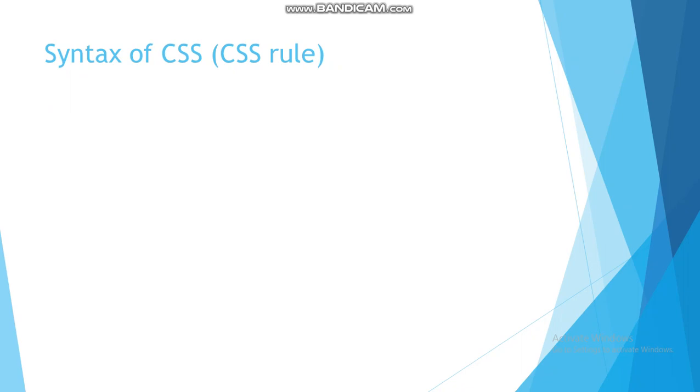Now, how to create a CSS rule? CSS rule has two main parts. Number one, selector, and number two, declaration. Declarations can be more than one.